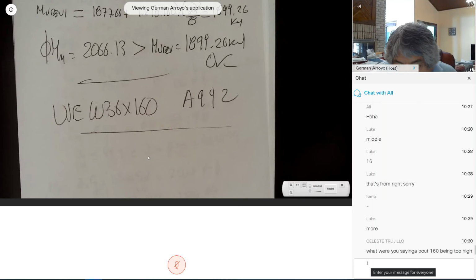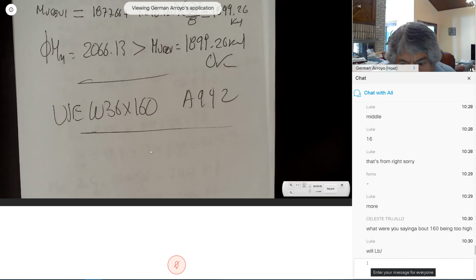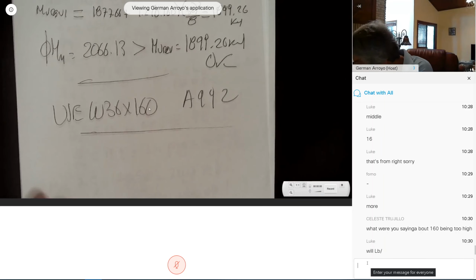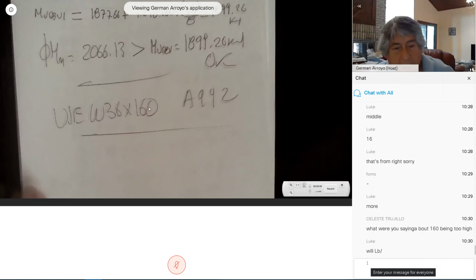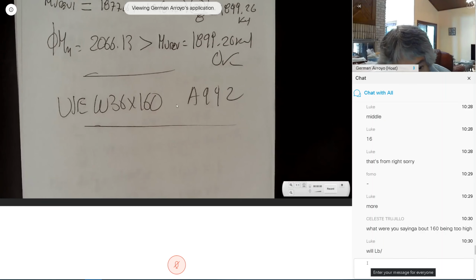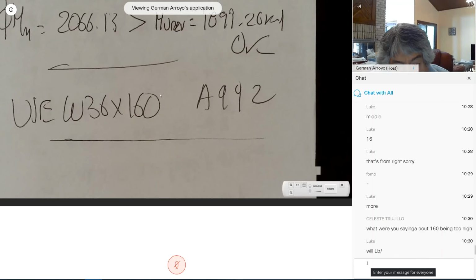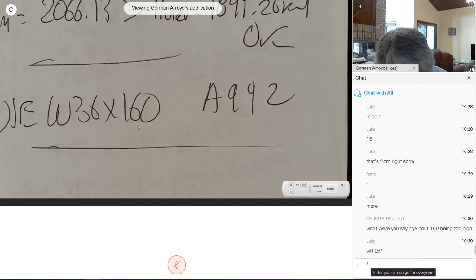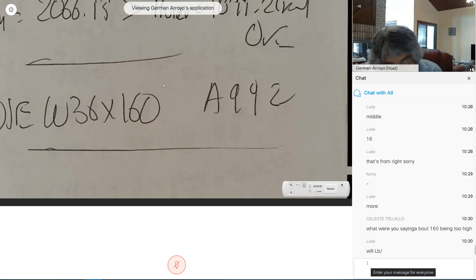What were you saying about 160 being too high? Oh, well, this 160 means 160 pounds per foot, right? 160 pounds per foot.